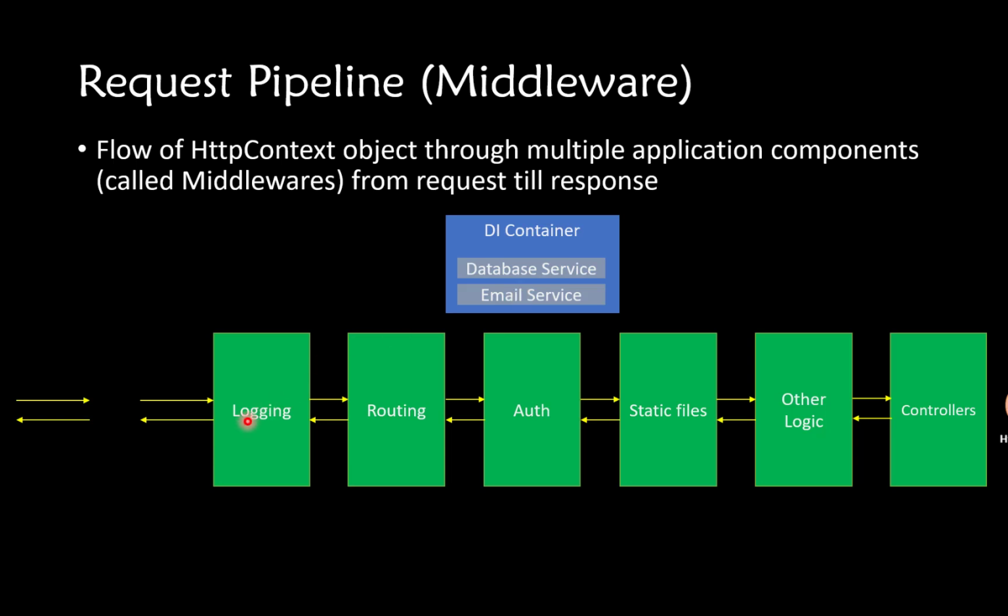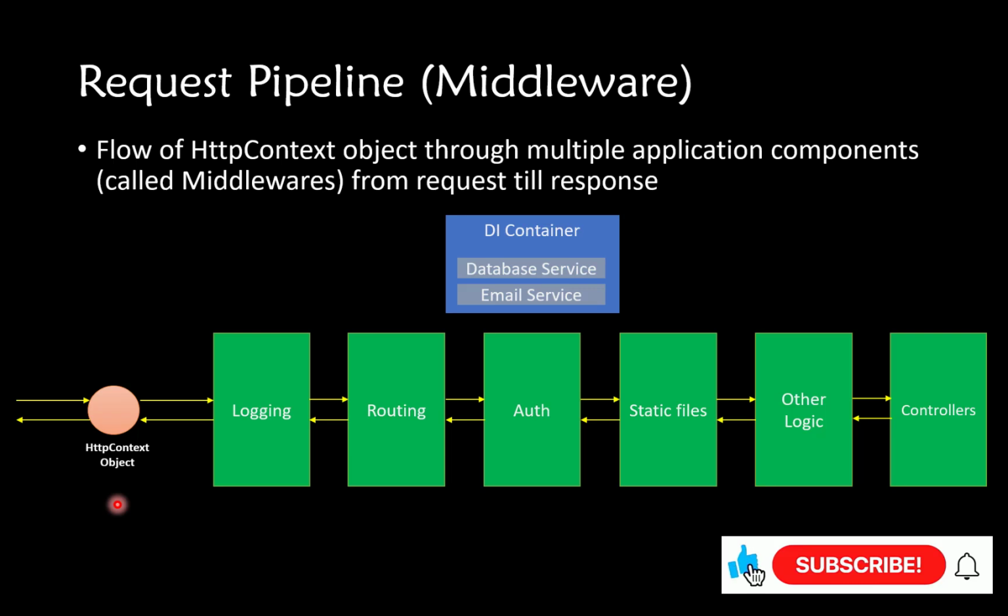And after all the middlewares have completed the processing, again the HTTP context would be sent through each middleware one after the other in the reverse order. And at last, the server will see the response data from the HTTP context and return that response data to the client. So that's how the HTTP context, the dependency injection container, and the request pipeline, which contains middleware, come together to create an ASP.NET web application.